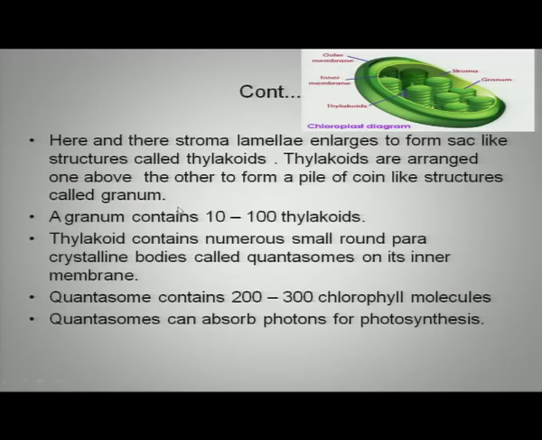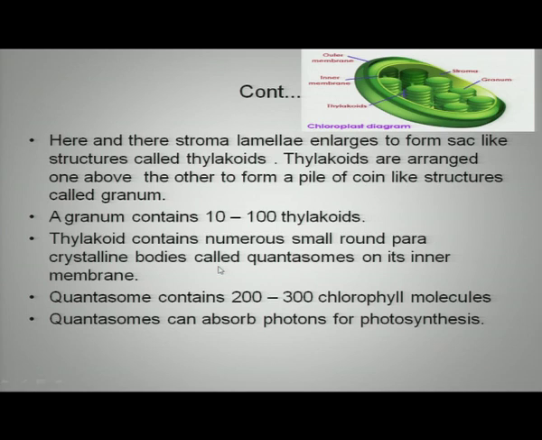So, what is the unit of granum? Yes, the unit of granum is thylakoid. And what this thylakoid contains and how many thylakoids are there normally? It can also vary. A granum contains 10 to 100 thylakoids.